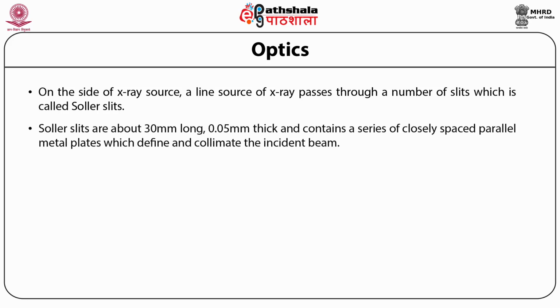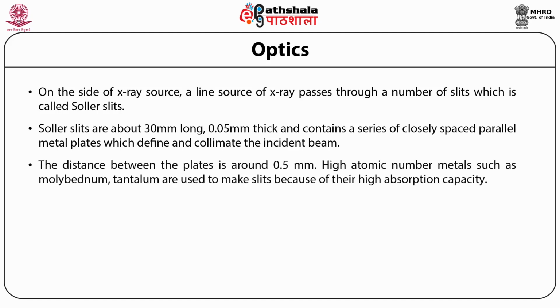Solar slits are about 30 millimeters long, 0.05 millimeter thick, and contain a series of closely spaced parallel metal plates which define and collimate the incident beam. The distance between the plates is around 0.5 millimeter. High atomic number metals such as molybdenum and tantalum are used to make slits because of their high absorption capacity.